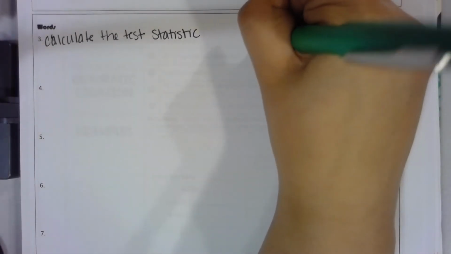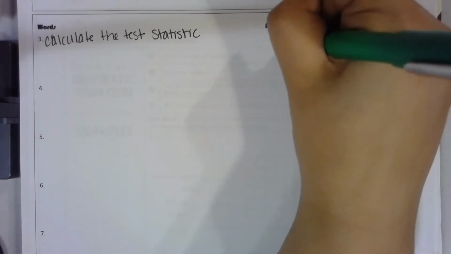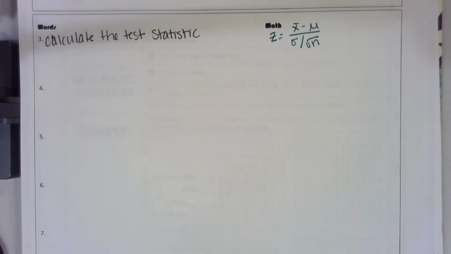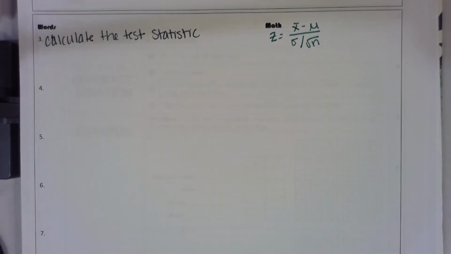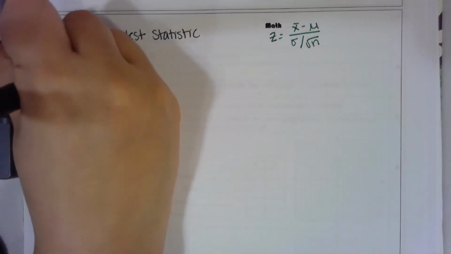And if you are on a calculator, again, it's going to pop up normal. If you're on an older version, normal CDF, you need to put your lower bound, your upper bound, your mean and your standard deviation, which should be just 0 and 1. If you have a more updated version, then it'll pop up that big column and it'll tell you to input your things, and then it'll do the rest.